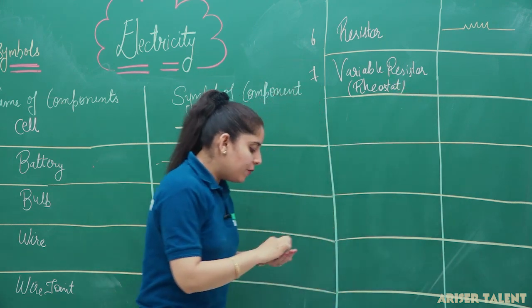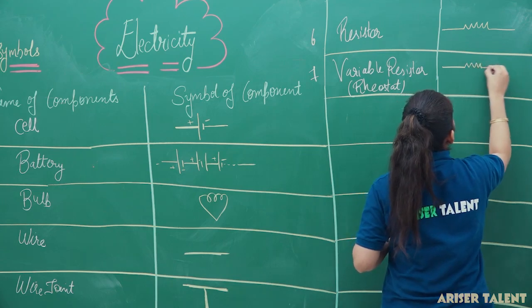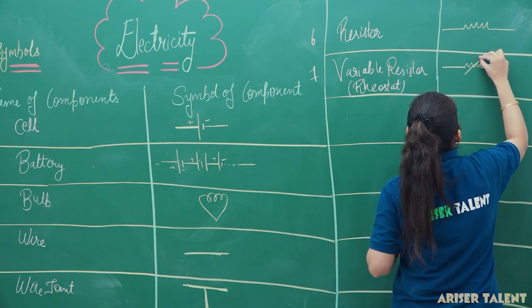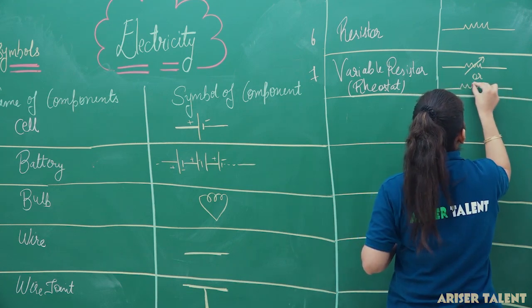And how can I draw the variable resistor? We can draw it in two simpler ways. One is like this, or we can draw it like this.